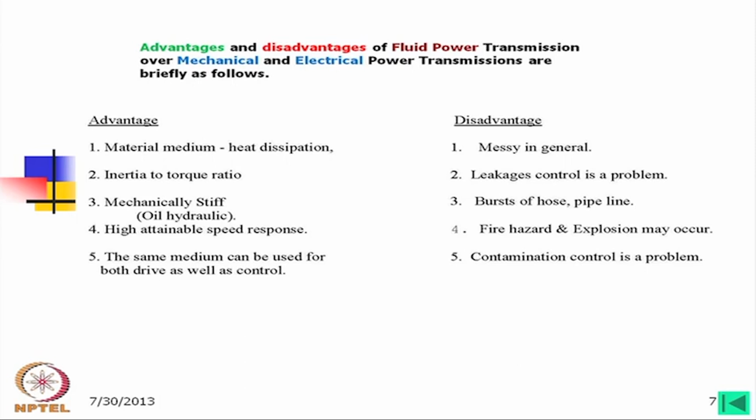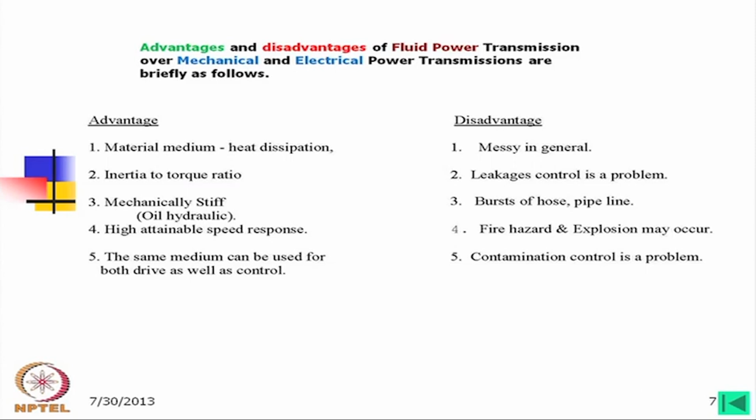Second advantage is the inertia to torque ratio, as the fluid can be pressurized to a very high pressure and this pressure can be taken by the body, because the body can be stressed highly.